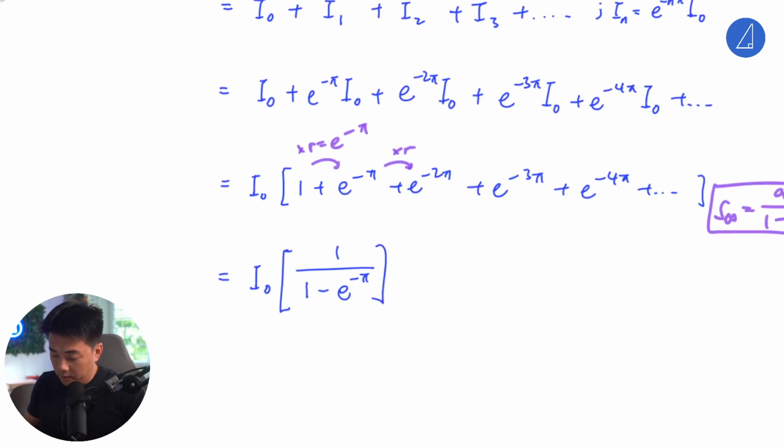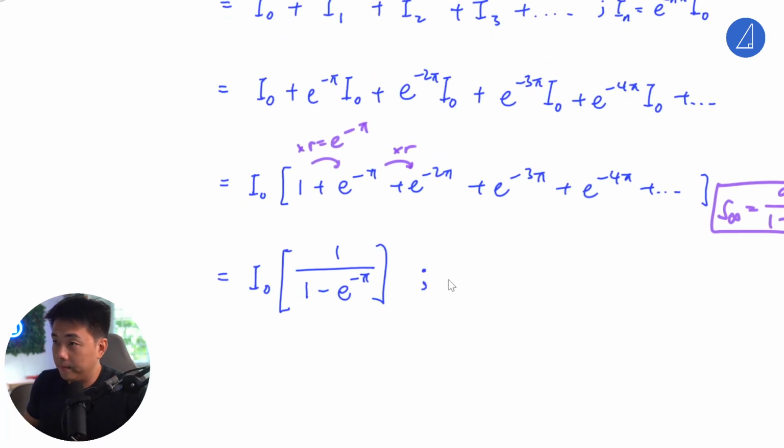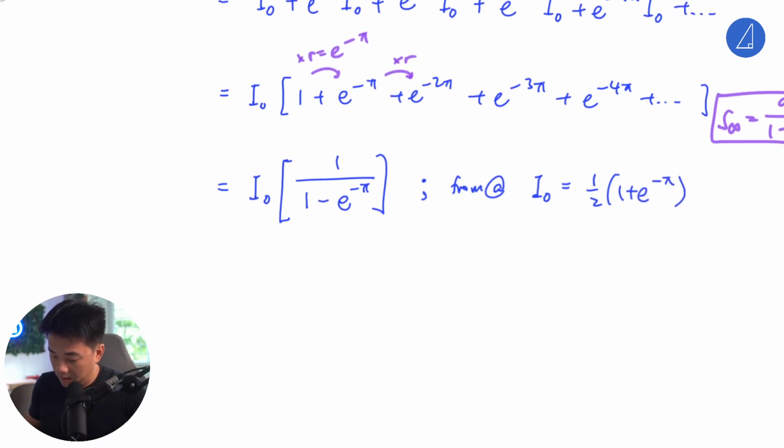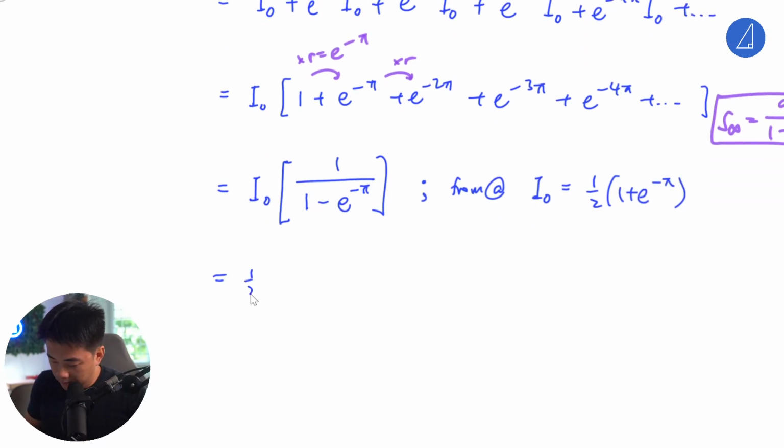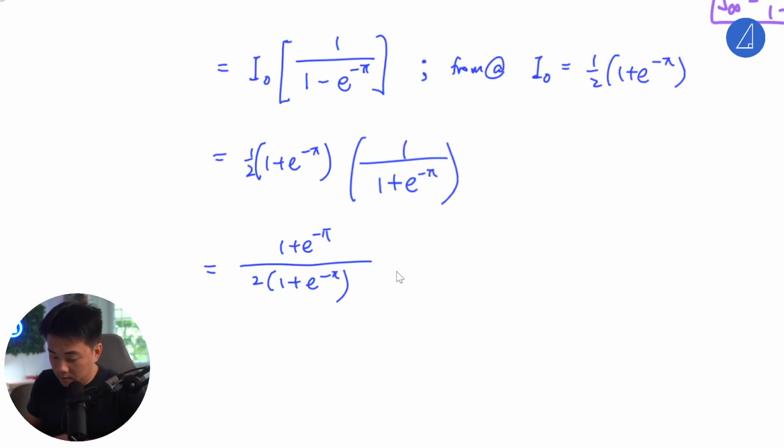From the first part, from A, I0 is equal to half of (1 plus e^(-pi)). So just substitute this in: half of (1 plus e^(-pi)). You can just leave it like that, or we could simplify it later. So you just manipulate this.